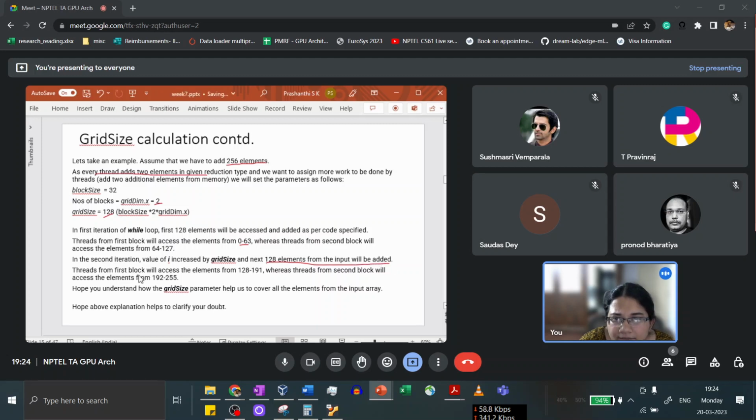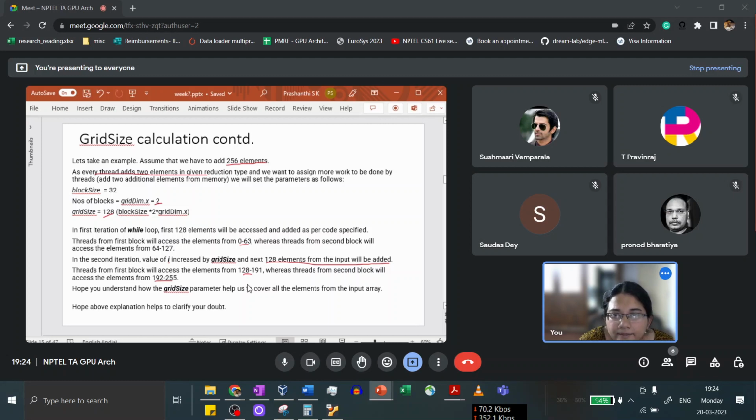Now threads from the first block will again access 128 plus 64, and then the next 64, right? This is why the definition of grid size does not change. The factor of 2 comes because of each thread accessing 2 elements.